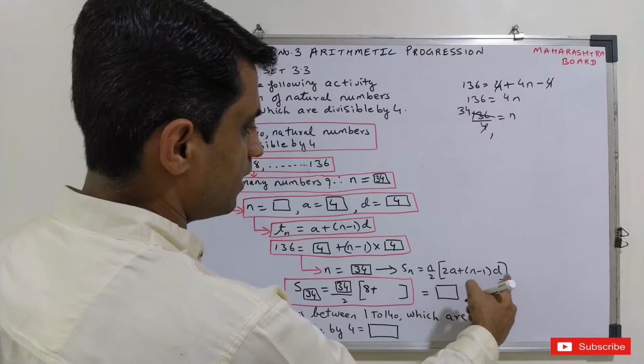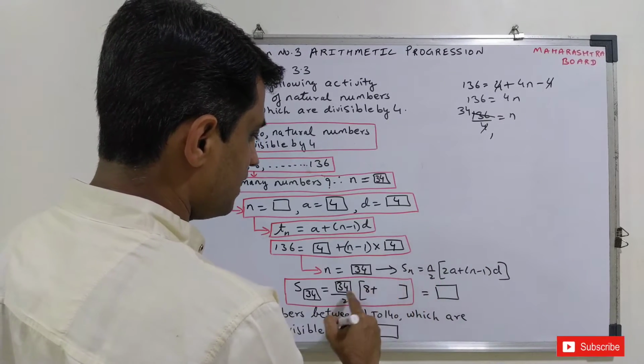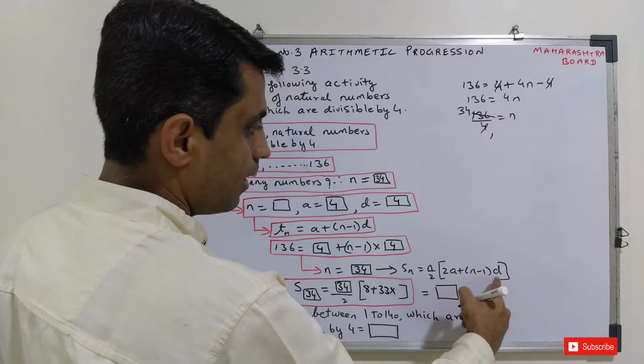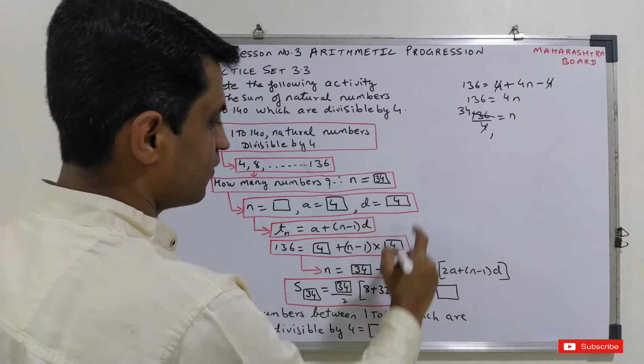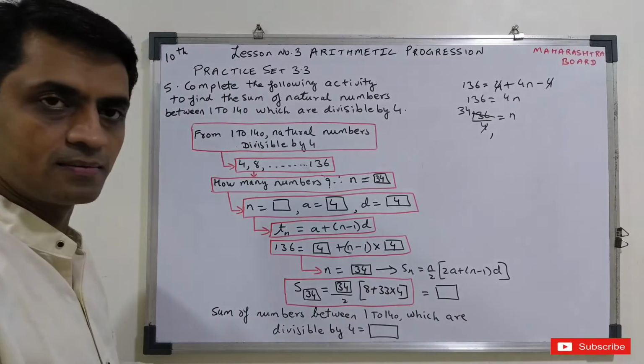Plus n minus 1 into d. N minus 1 means 34 minus 1, 33, into d. Our d is 4.